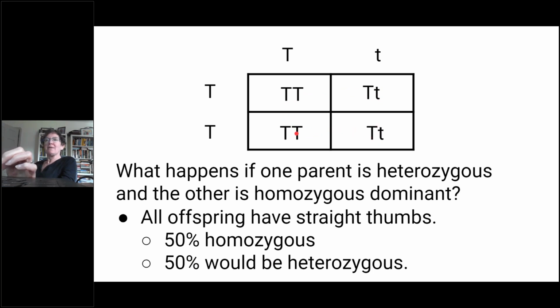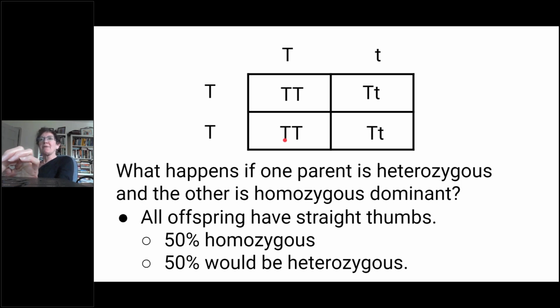A Punnett square does not mean that every set of parents has 4 offspring and these are their phenotypes. What we're doing is saying, what are the possibilities? What could potentially show up? And if these two parents had many, many offspring, what would be the results?